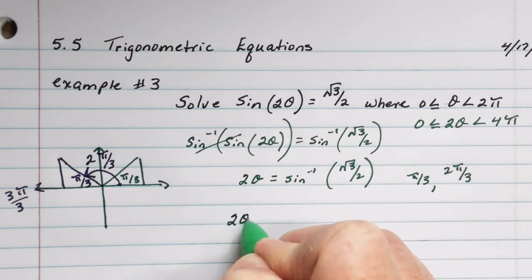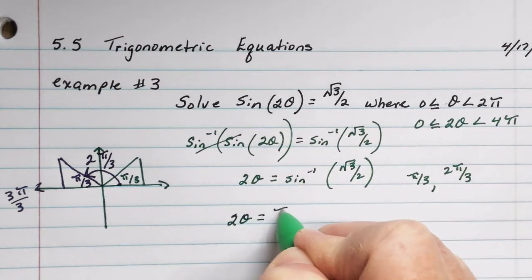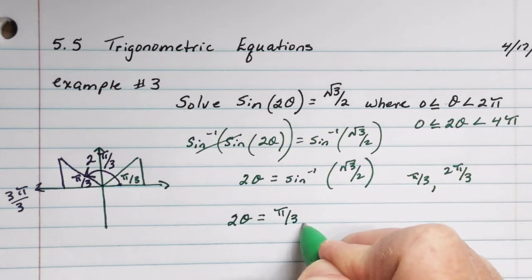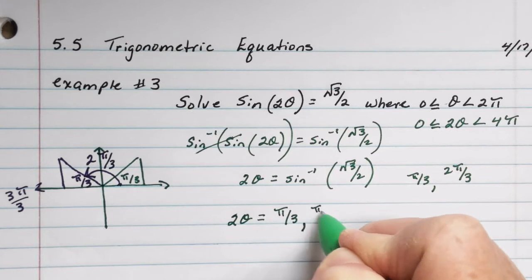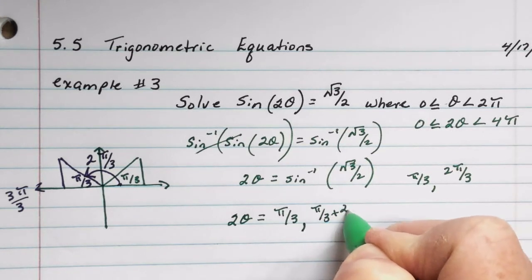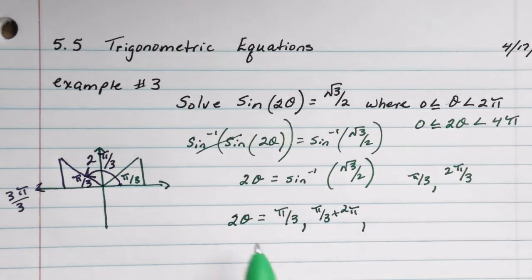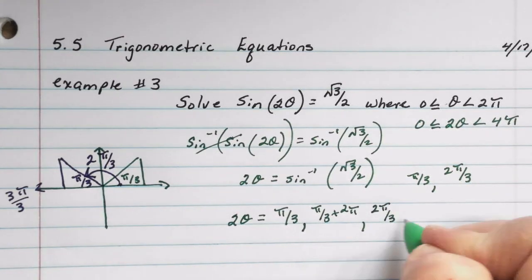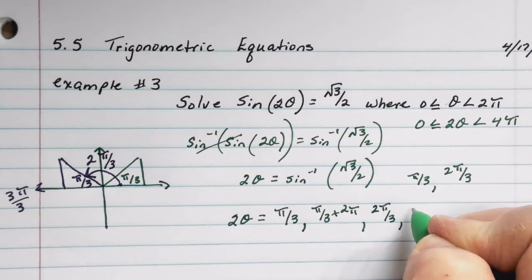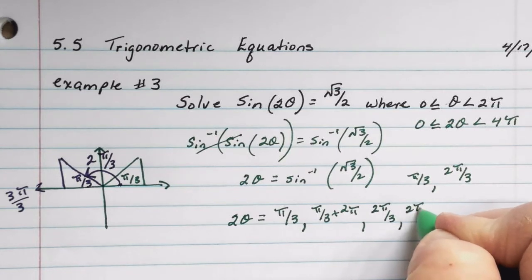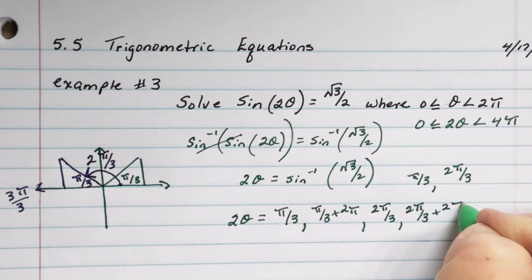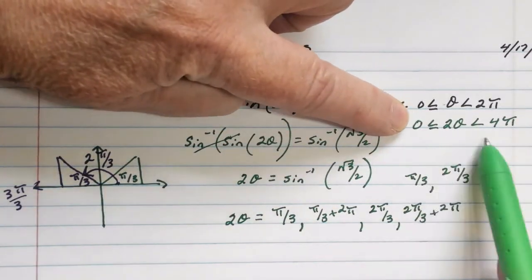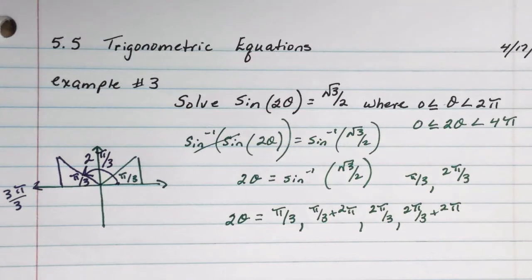So 2 theta equals pi over 3, but it also equals pi over 3 plus 2 pi. 2 theta equals 2 pi over 3, but it also can equal 2 pi over 3 plus 2 pi. This gives us all the solutions in our stated domain.